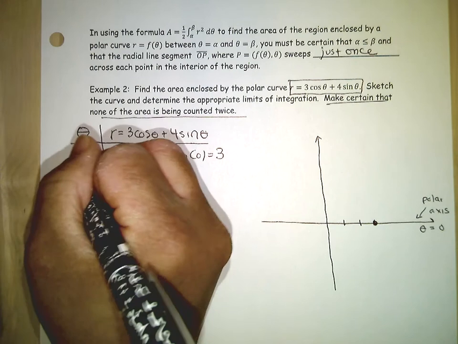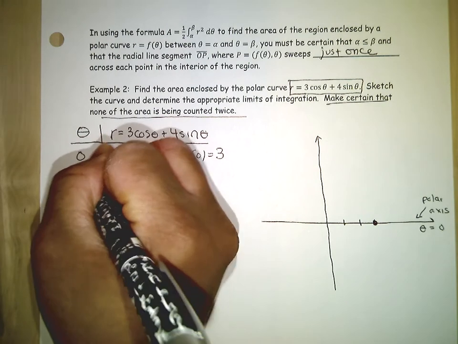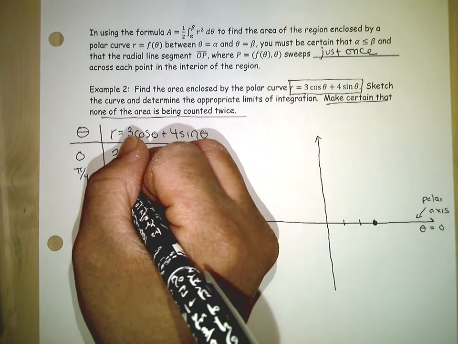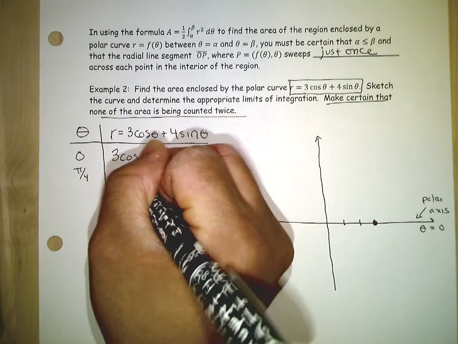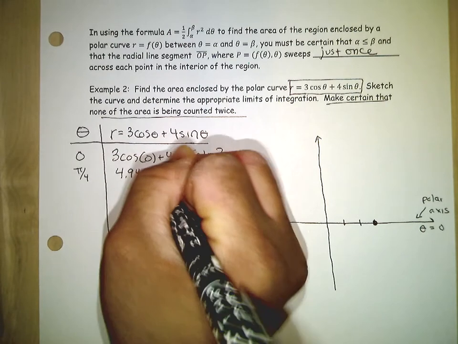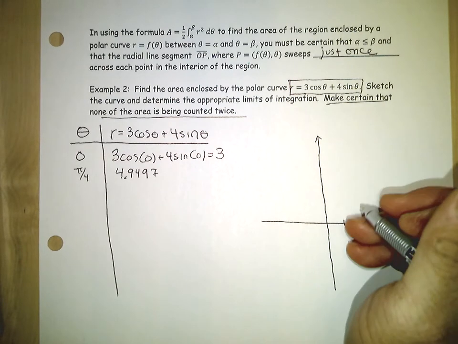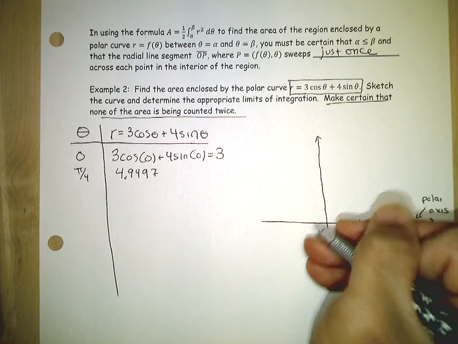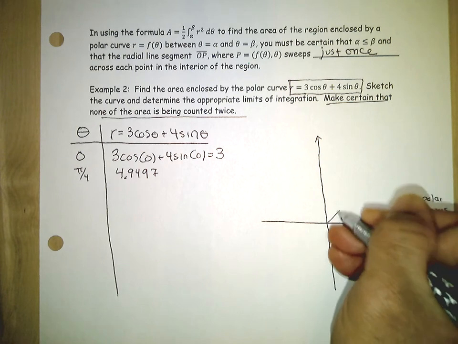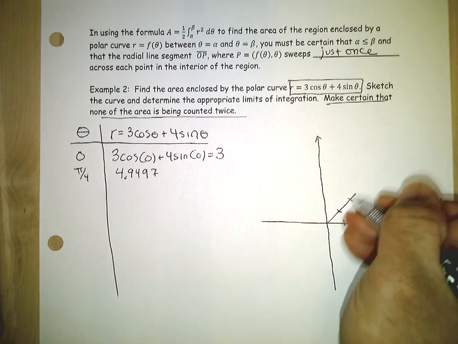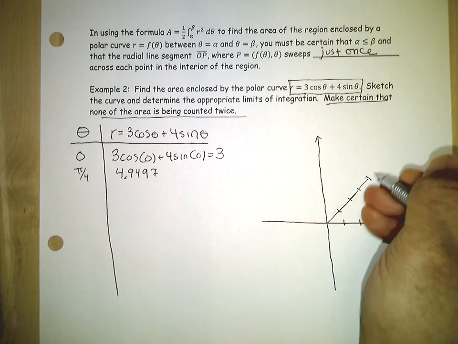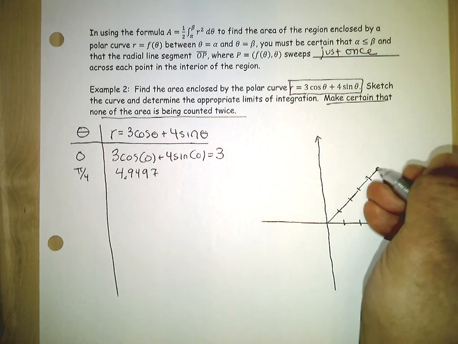Now, let's try, say, pi over 4. And I'll let you use your calculator, but this is about 4.9497. So at pi over 4, we get something around 5. So 1, 2, 3, 4, a little under 5.